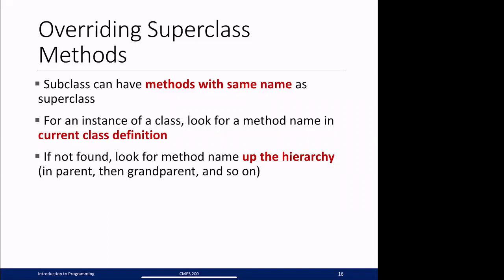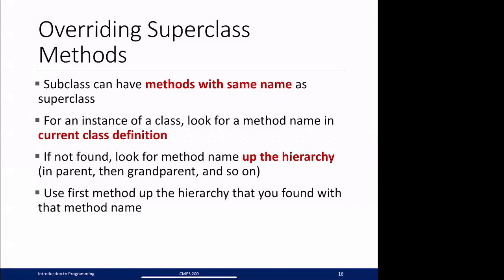If not, I go to the parent of the parent, or the grandparent, see if this method is there, and so on. So you can have a hierarchy of classes. You can have cat, and another subclass that inherits from cat, which is a kitten, and so on. Right? Okay, and you always use the first method of the hierarchy that you find with that method.